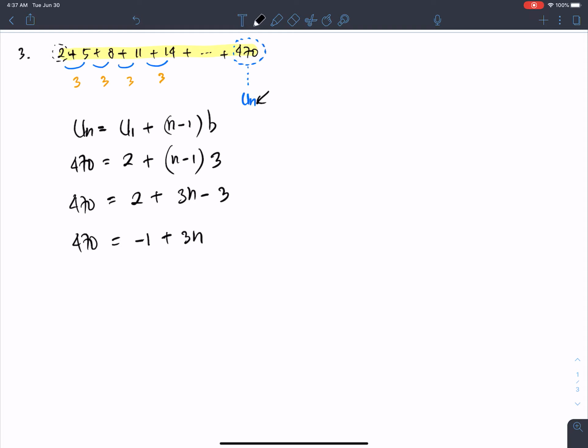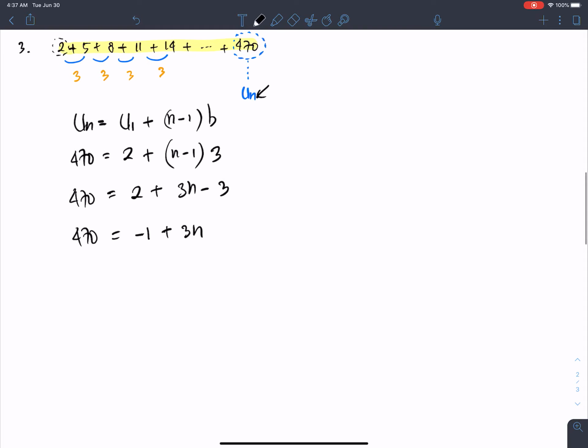Then we continue. We change the position, so minus 1 goes to the other side, giving 471 equals 3n, and then n will be 471 divided by 3.